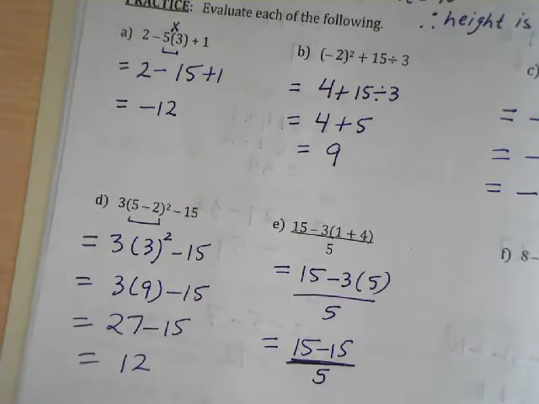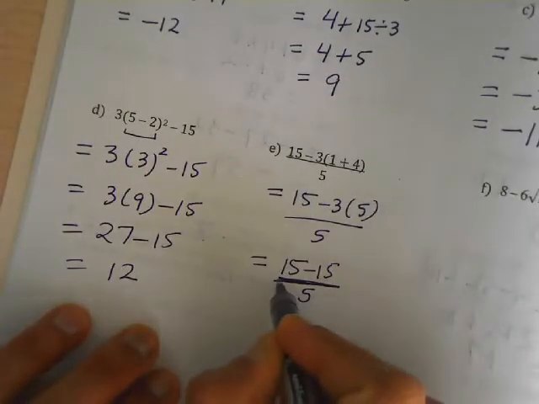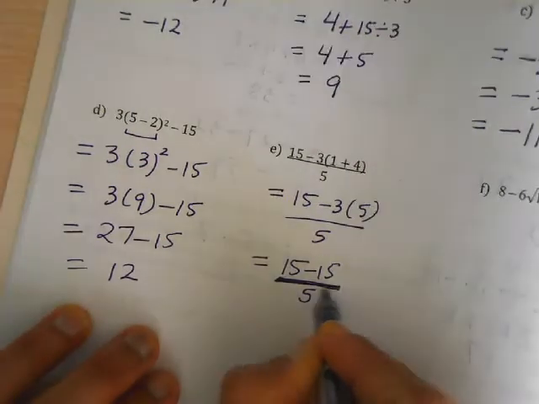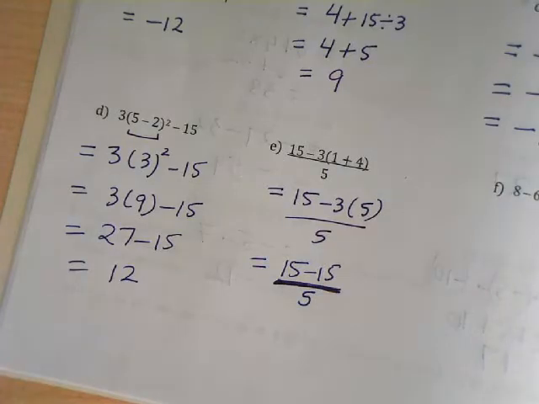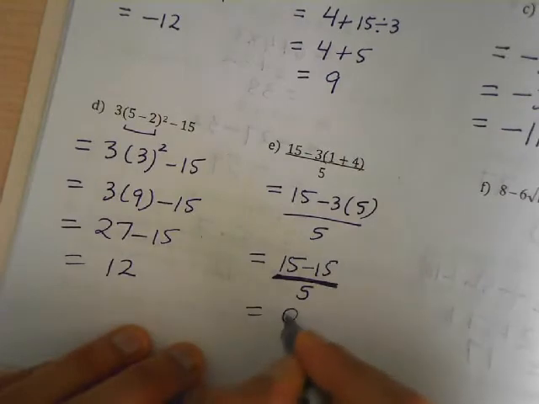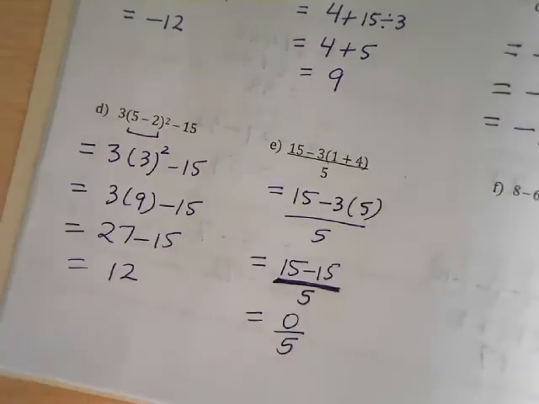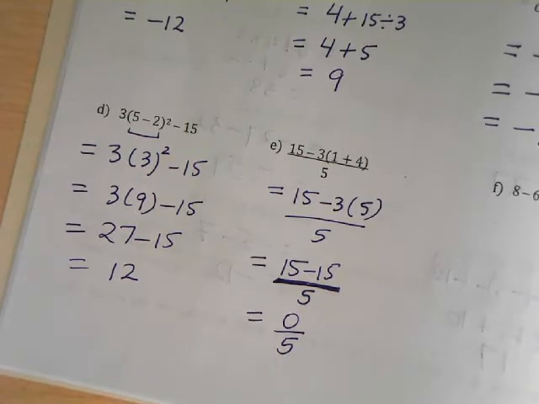What do we do next? 5 is over the whole thing. I have 15 minus 15, what's 15 minus 15? Yeah, 0. And I have 0 divided by 5. And what's 0 divided by 5?